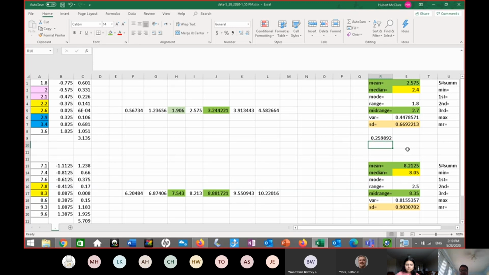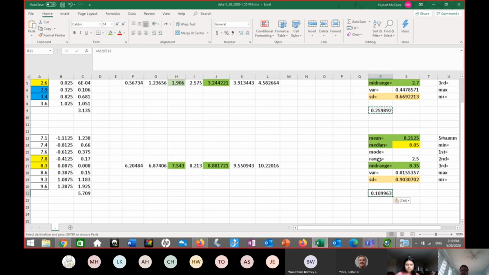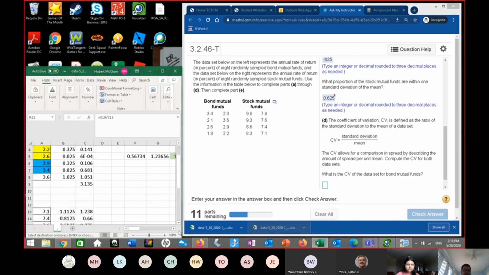Somebody put down 0.259892 for me. And I'm going to copy that, Control C, and I'm going to go down here and paste 0.109963. So there's the two coefficients of variation. I don't use that on the test, but go ahead and write down 0.259892, 0.109963. I'm going to make this small, and I'm going to try to get it to where I have both of them on there.